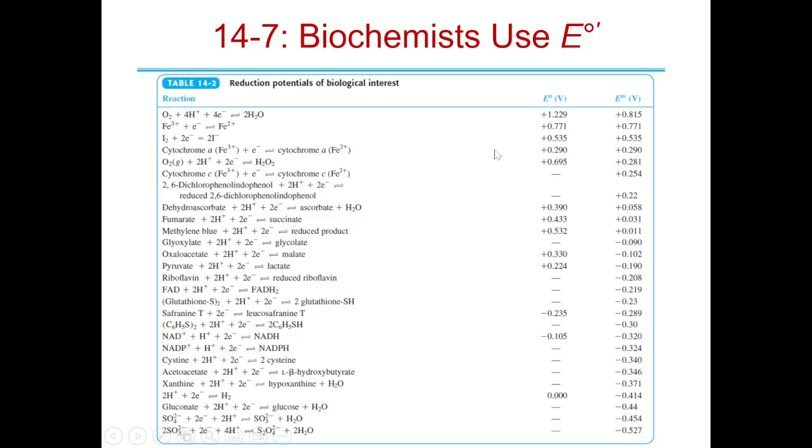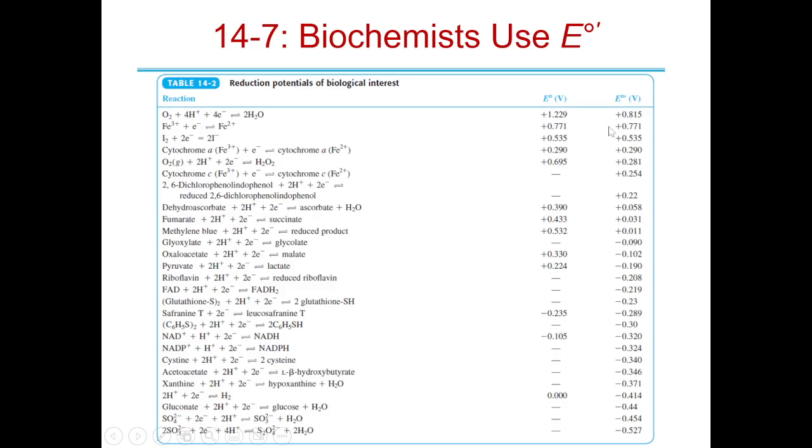Okay. Here's a table of these, by the way, and how they change. So these are the E0s. These would be unity at 25 degrees Celsius, right? These ones right here would be at pH 7. They're for physiological conditions, so they're the E0 prime. And notice how different they are.